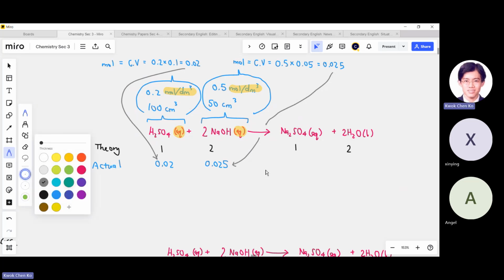Same thing, I make an assumption. Of course, if you're really experienced, you can immediately know who is limiting already, but let's just make an assumption.